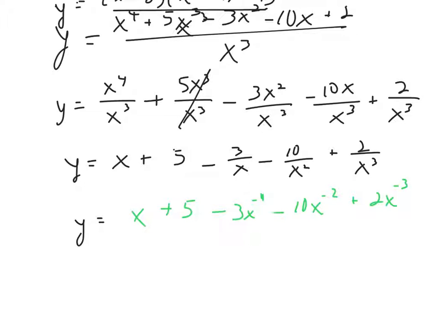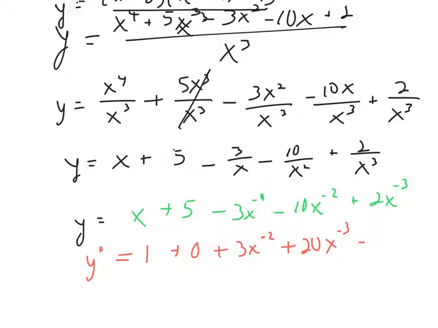And now I'm finally, at this point, ready to take the derivative. So y prime, or dy dx, equals 1 plus derivative of a constant is 0 minus, actually it's going to be plus 3 times negative 1, so 3x to the negative second minus 10 times a negative 2, so that'd be plus 20x to the negative third.